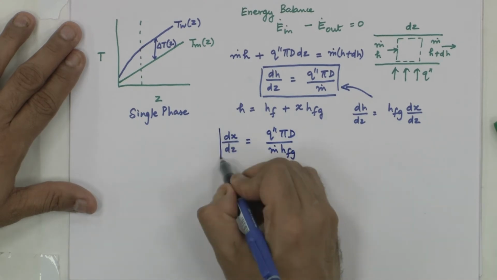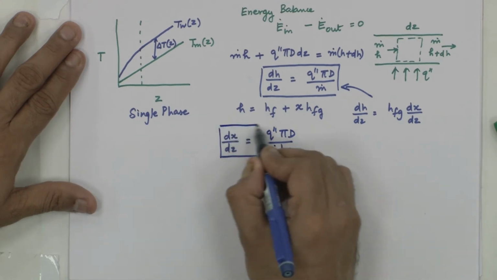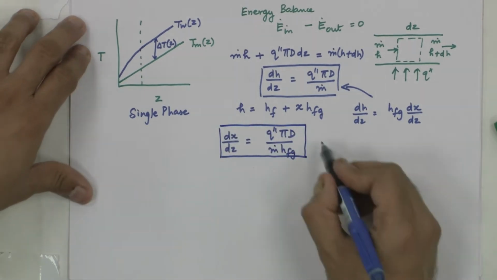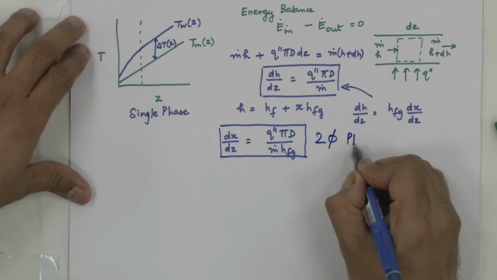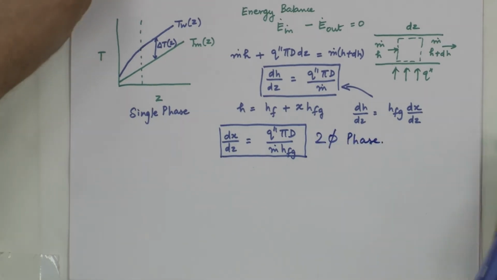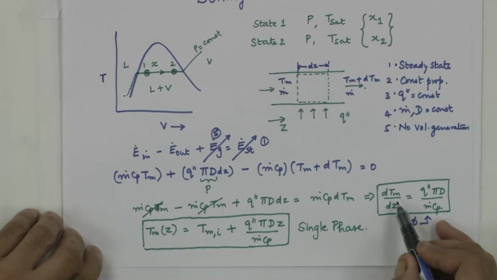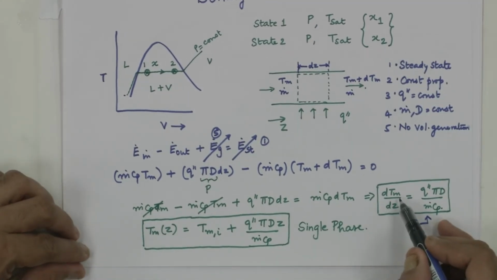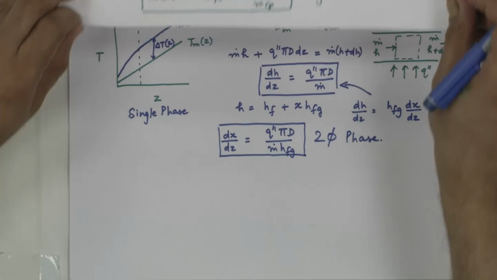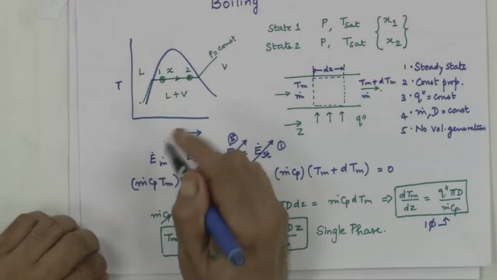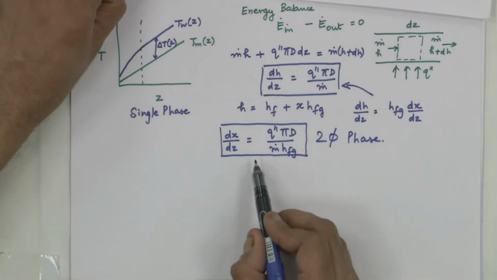I hope you are able to see this. For single phase we had q double prime pi d by m dot Cp, which told us how temperature varies along the flow direction. How quality varies along the flow direction is given by this.